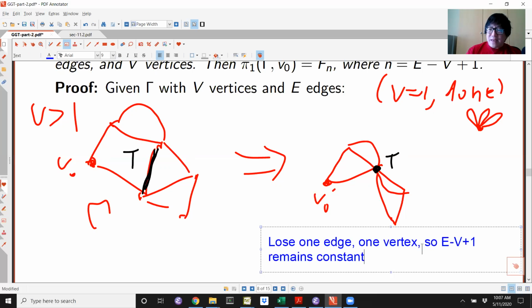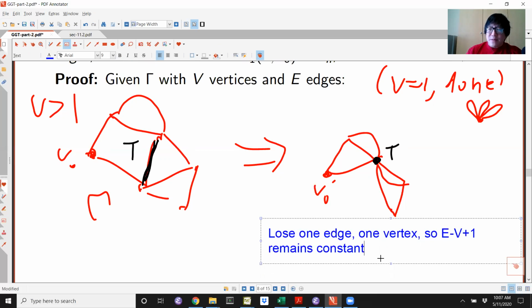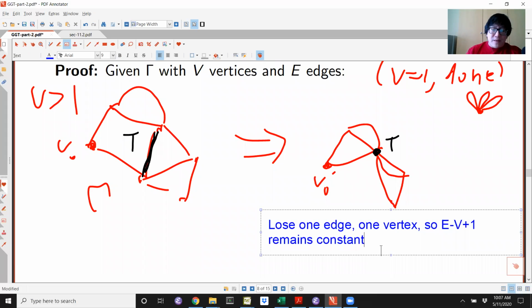It's no accident that this quantity E minus V plus 1 remains constant. This is what you might call the Euler characteristic of a graph. I guess it's the negative of it, actually, because you want just V minus E. V minus E is the Euler characteristic.